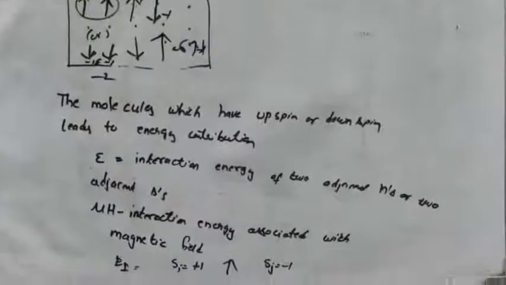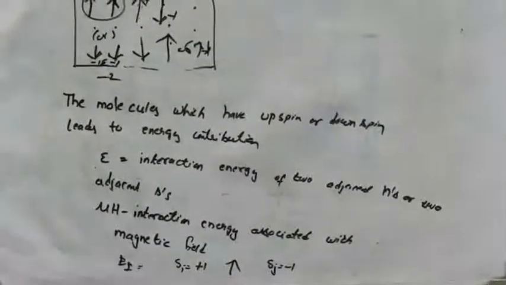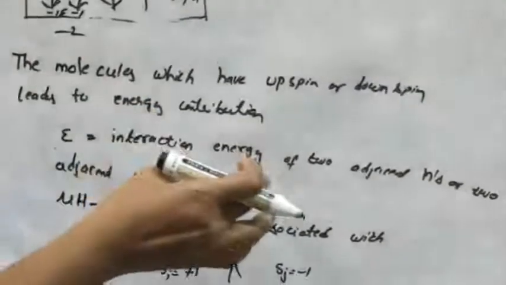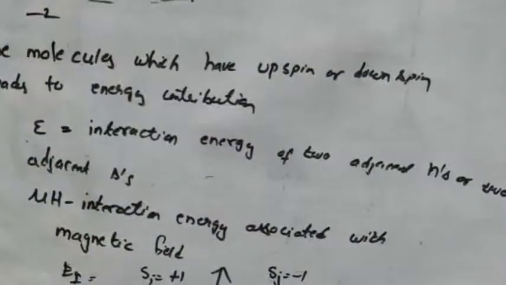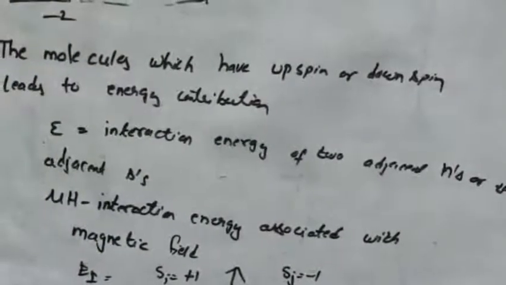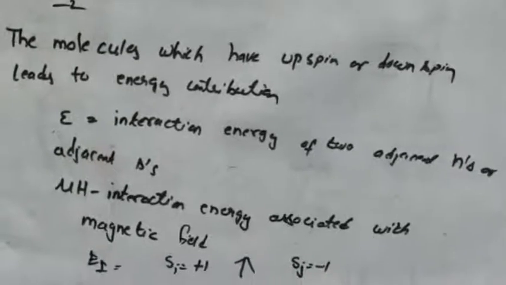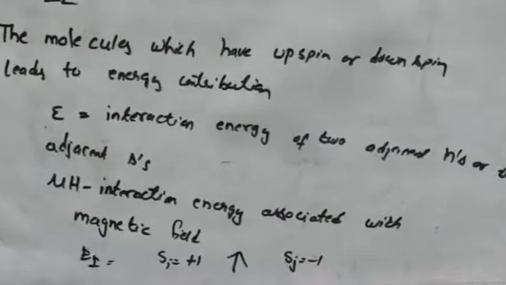Here we are going to consider two cases. If the interaction energy of two adjacent A's or B's is greater than 0, then the neighboring spins tend to be parallel and ferromagnetism is possible.